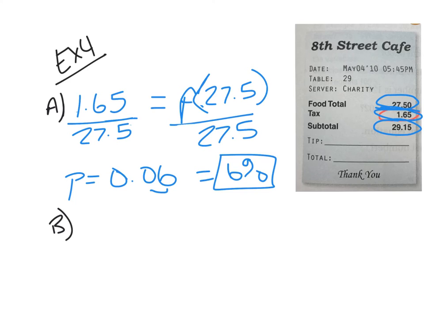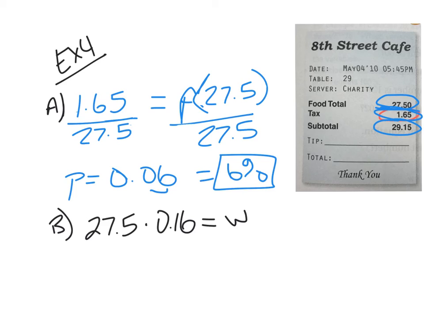All right, for B. This one wants to know what tip would be 16% of the total. So 16% of 27.5. So I'm going to say 27.5 times 16%, which is 0.16, right? Equals W. So it's 27.5 times 0.16.